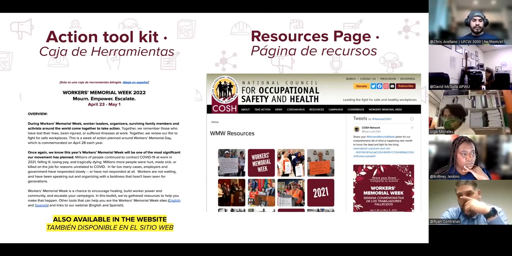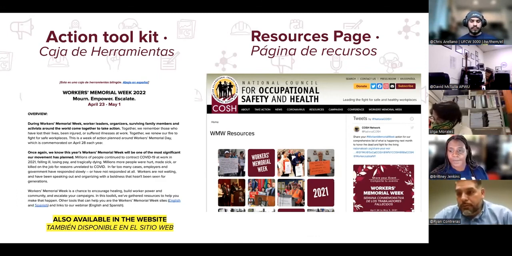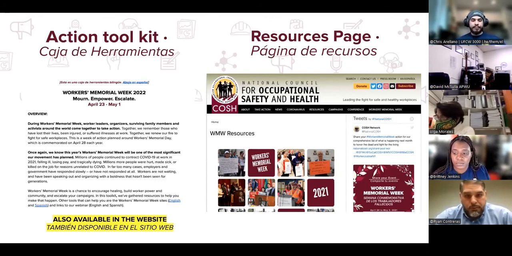They're both on our website, but it's a toolkit for actions, and there's also resources of all kinds, for, you know, sending a letter to the editor, doing a press release, supporting a surviving family member of a worker who was killed on the job, and many, many other things.